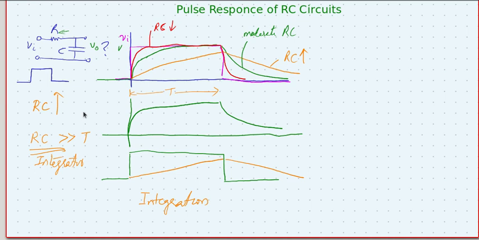So we can have an integration operation through this RC circuit when the RC product is very much larger than this pulse width.